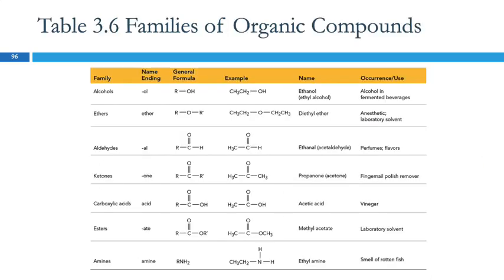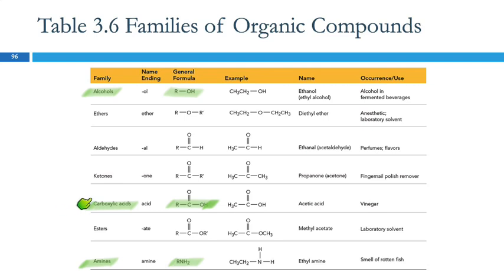These are some of the functional groups. And I want you to be able to recognize a couple of these. I want you to be able to recognize the alcohol family, the carboxylic acid family, and the amine family. So the amine family is going to have nitrogen in it.